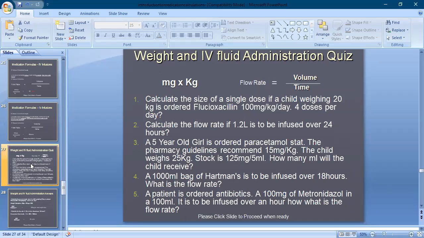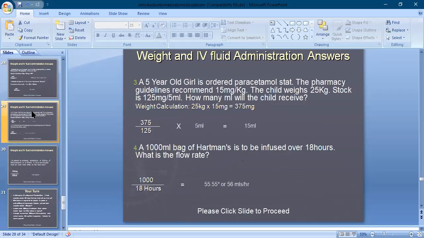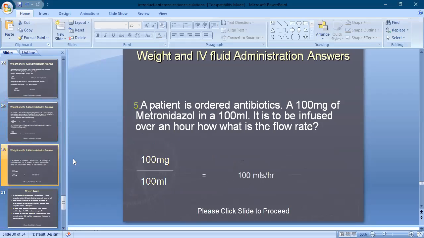We left these examples for you to calculate. And here is also the solution: the first one is 500 milligrams for each single dose, the second one is 50 milligrams. So the same answer is there, okay? Very simple expressions are left here for you.